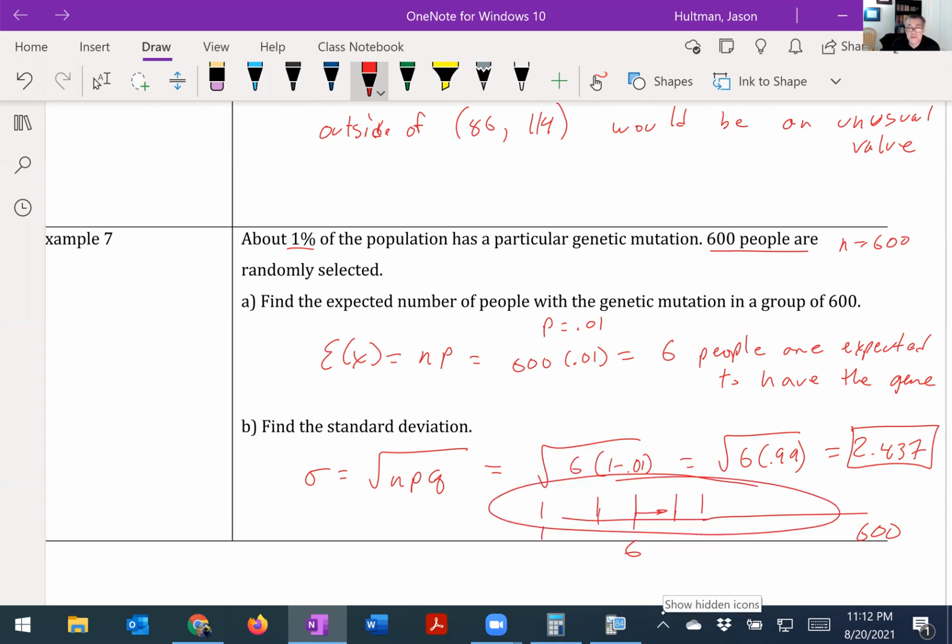To get 600 people with a 1% genetic mutation would be an extremely small probability. So it's probably going to look like that and have a huge tail. It's going to be right-tailed, a huge right tail on the whole thing.